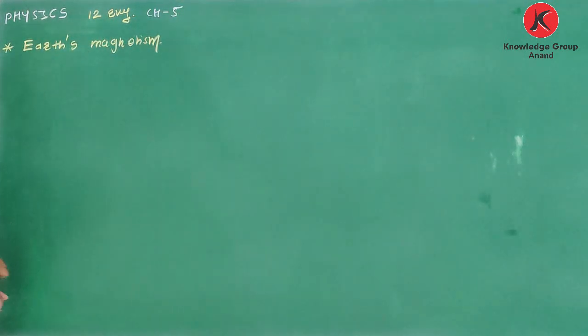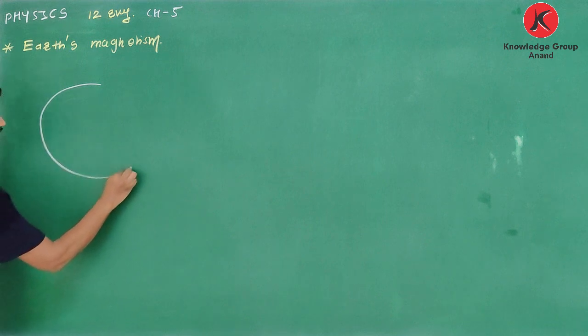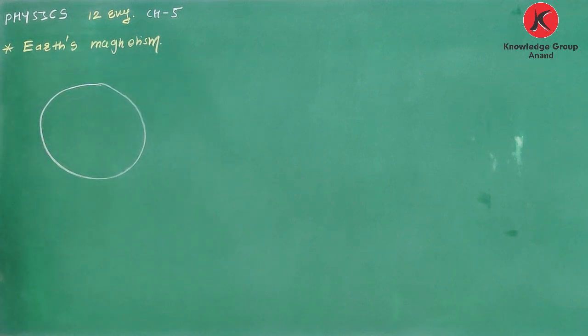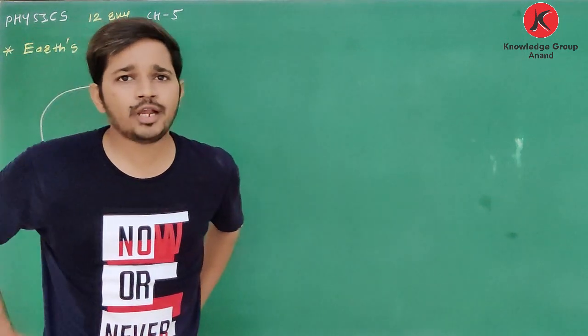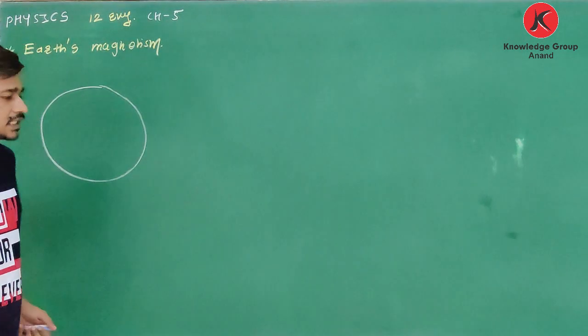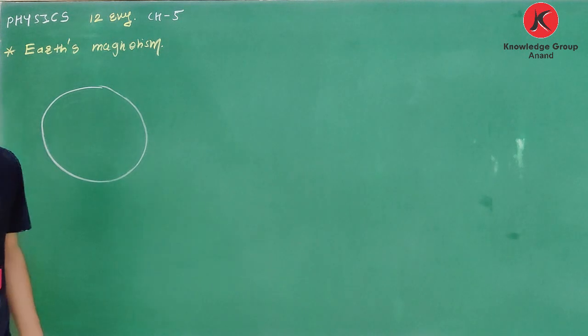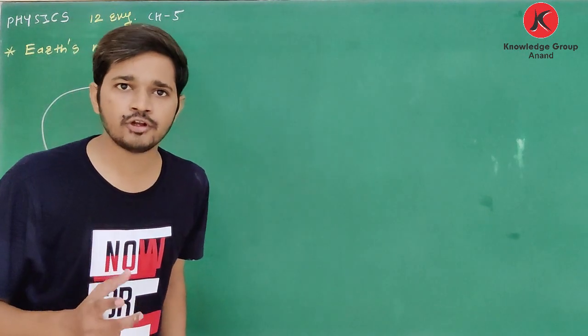But before that, see, Earth. We know that at each and every point, the longitude circle indicates geographic north and geographic south. Yes or no?